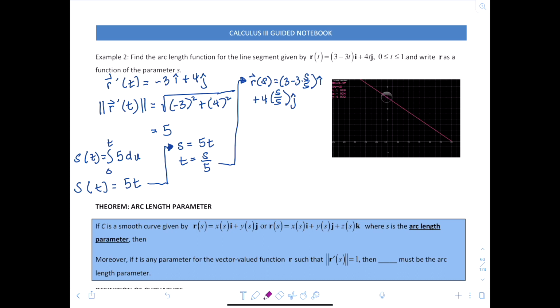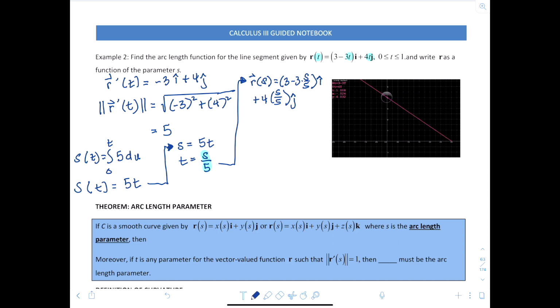So all I did was, wherever there used to be a t, I plugged in s over 5.